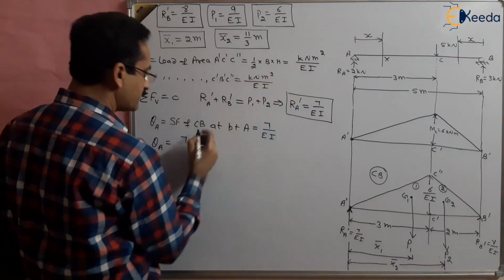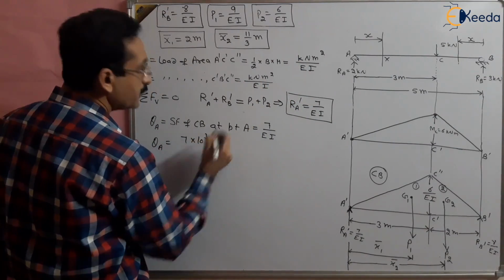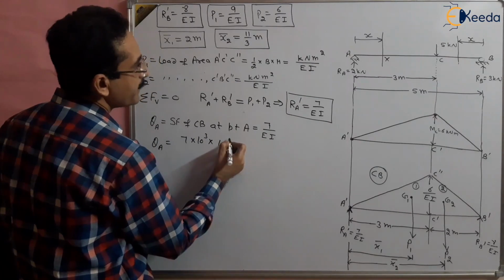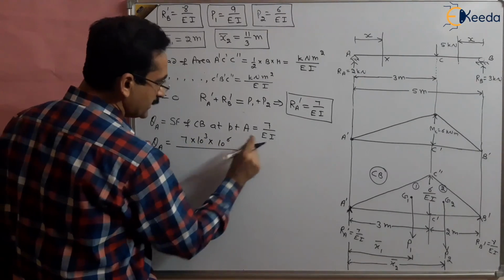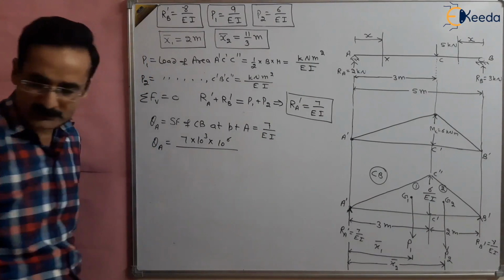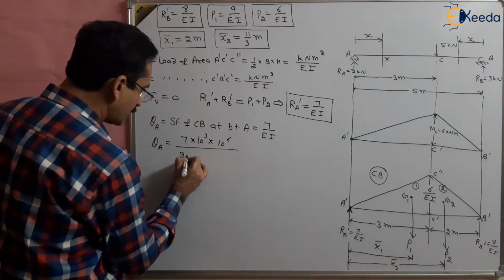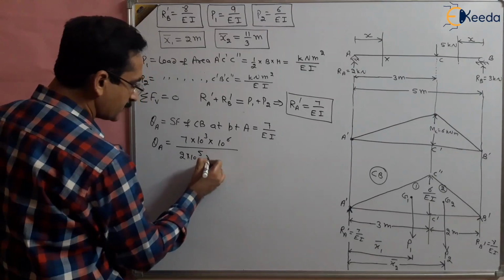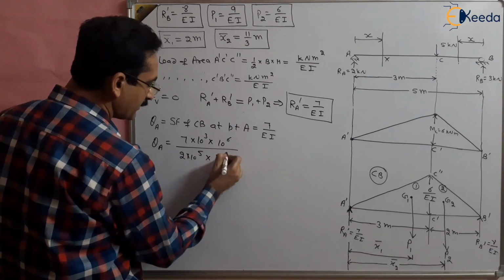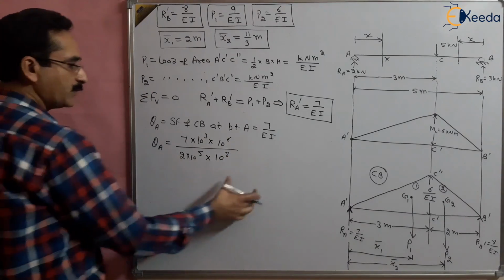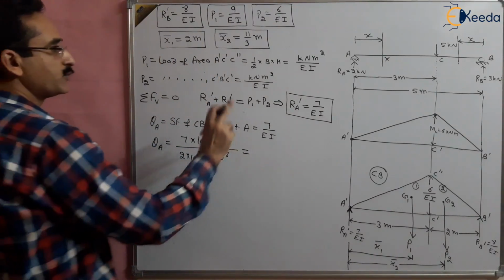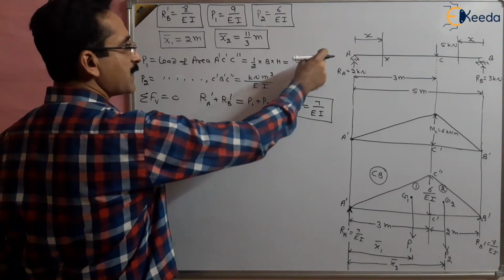Kilo can be replaced with 1000, and kilonewton meter square can be replaced with millimeter square, so 10 power 6 divided by E. If you want to use it in Newton per millimeter square, E is given to us as 2 multiplied by 10 power 5 Newton per millimeter square, and this is 10 power 8 moment of inertia in millimeter square.